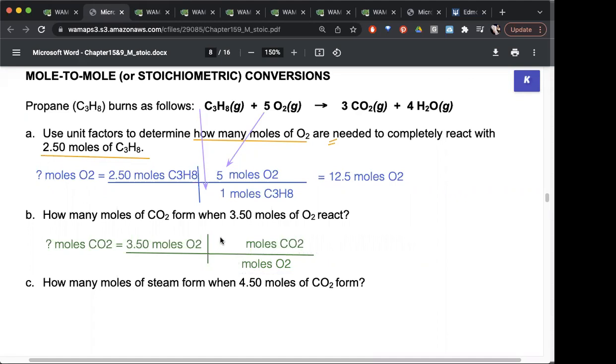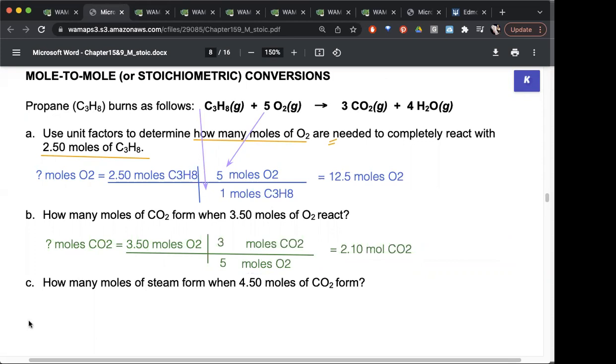And using that chemical equation, we see that we will produce 3 moles of carbon dioxide for every 5 moles of oxygen consumed. And don't forget your significant figures, keep that 0. 2 moles of CO2 would be produced.